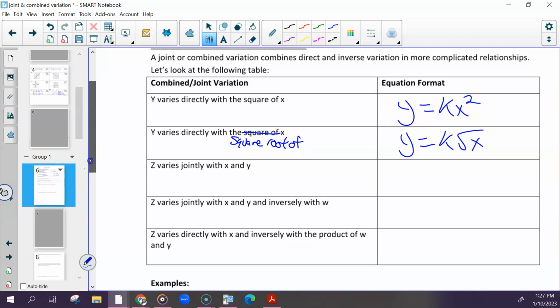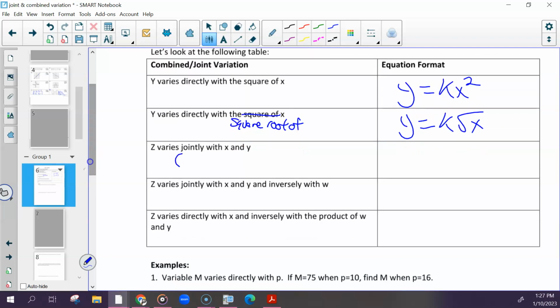It depends. So if you want to write that as that really means directly, it's similar to directly. So the variables are going to be next to each other when you write them. Except now this says z varies, so we're going to start off z equals. Still need our k value, our constant. Jointly with x and y, we would just put x and then y right next to them.